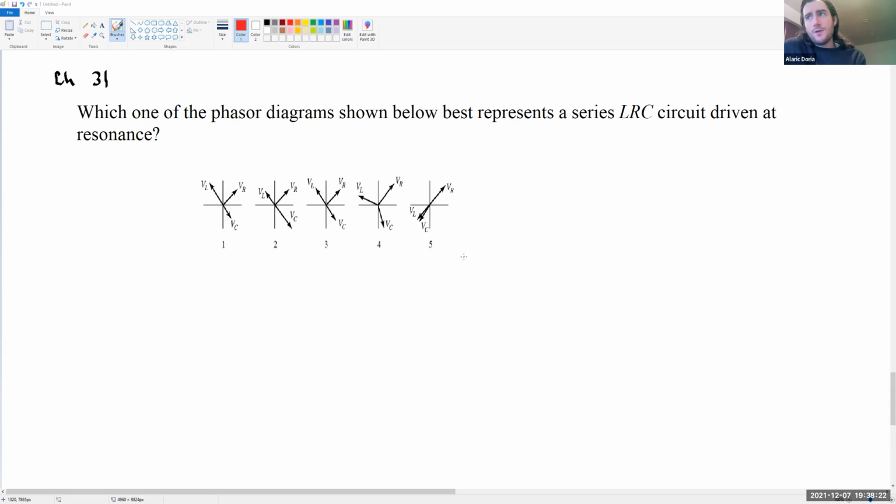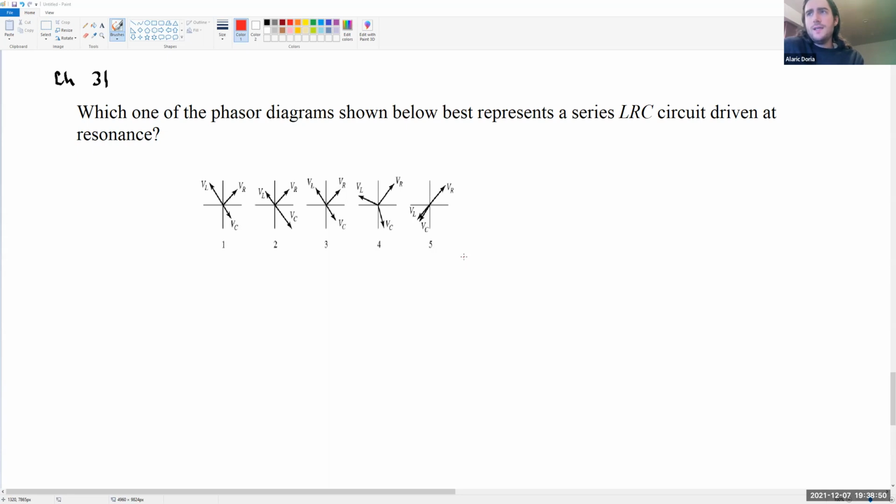And then in option 5, it looks like the voltage on the inductor and capacitor are the same. When I say the same, I mean the magnitude of those phasors is the same, by the way. Maybe I was a little bit unclear on that. But they're almost in phase. The phase angle between those two is very close to zero, but not zero.